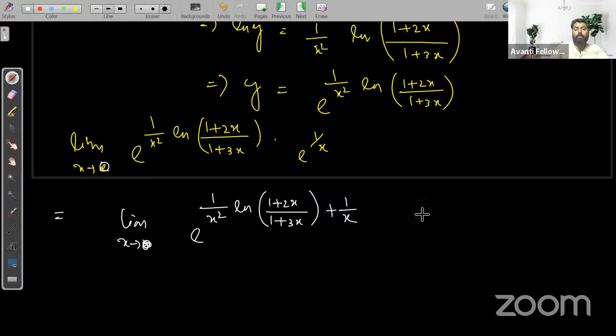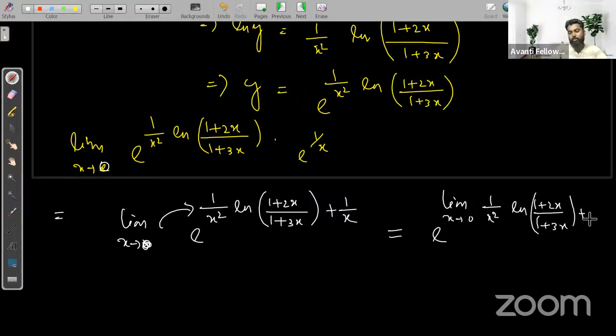Now, because e raised to some function is actually continuous, when you are having a continuous function in case of limit, then the limit goes inside, to the exponent. That is, e raised to limit extending to 0 of 1 upon x square ln of 1 plus 2x divided by 1 plus 3x plus 1 by x.